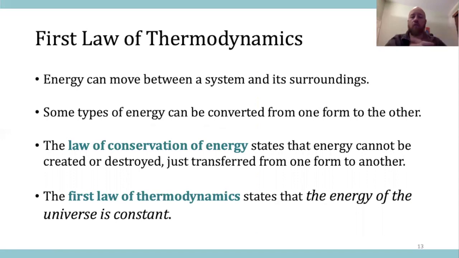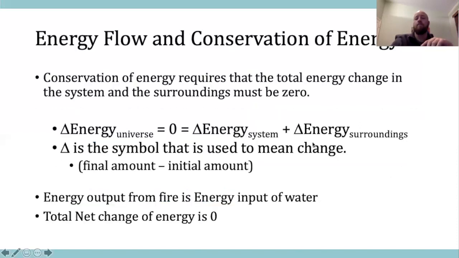So the first law of thermodynamics states that the energy of the universe is constant, okay? And like many other laws, this is a mathematical expression. This is a mathematical equation that defines an observable fact. Okay, so you're going to see some different things here.